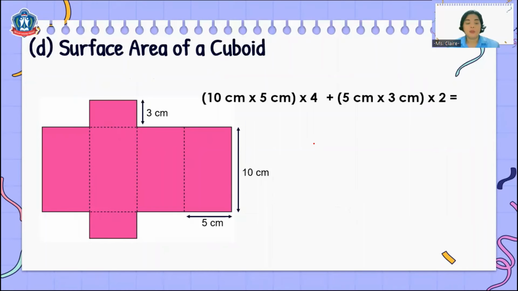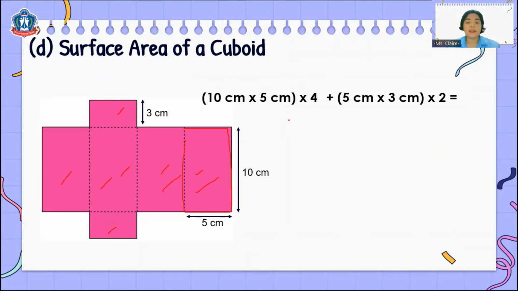Look at this cuboid. It consists of 4 big rectangles and 2 smaller rectangles. So again, the surface area is the total area of all the faces. There are 4 rectangles, so all we need to do is get the area of this one rectangle, 10 times 5.